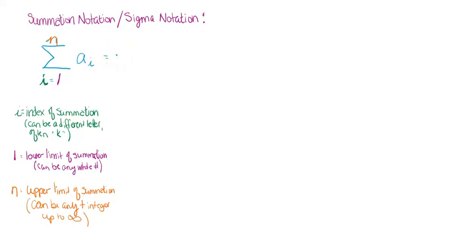Basically, this sigma notation, or the summation notation, is saying that you need to add the terms of a sequence. So sigma a sub i, your sequence a sub i, is the same thing as saying the first term plus the second term plus the third term plus the fourth term, and so on until you get to the last term, a sub n.